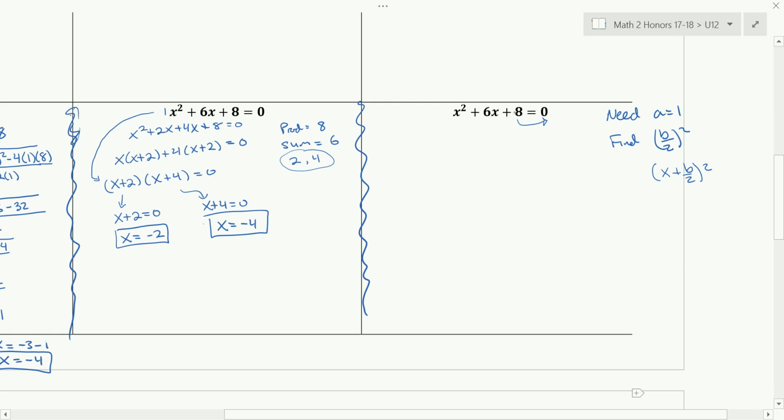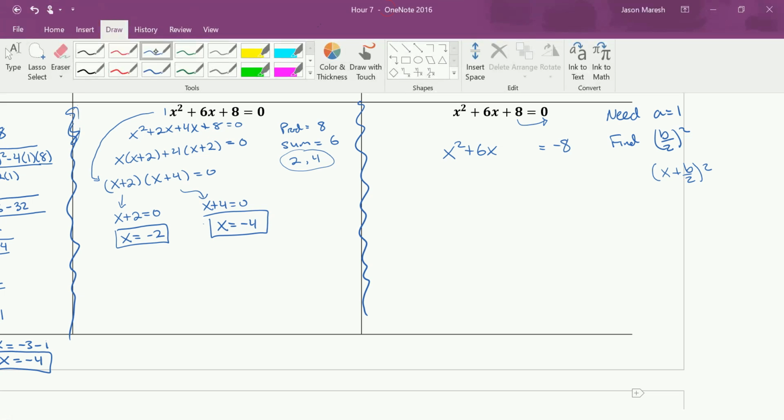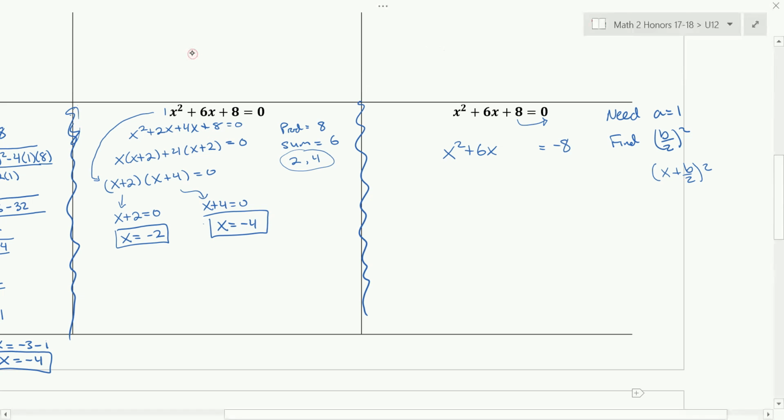We don't need that for completing the square. So x squared plus 6x is equal to -8. That's my first step. Make sure A is 1. Is it 1? Okay. We have to have A being 1 before we find the b over 2 squared.